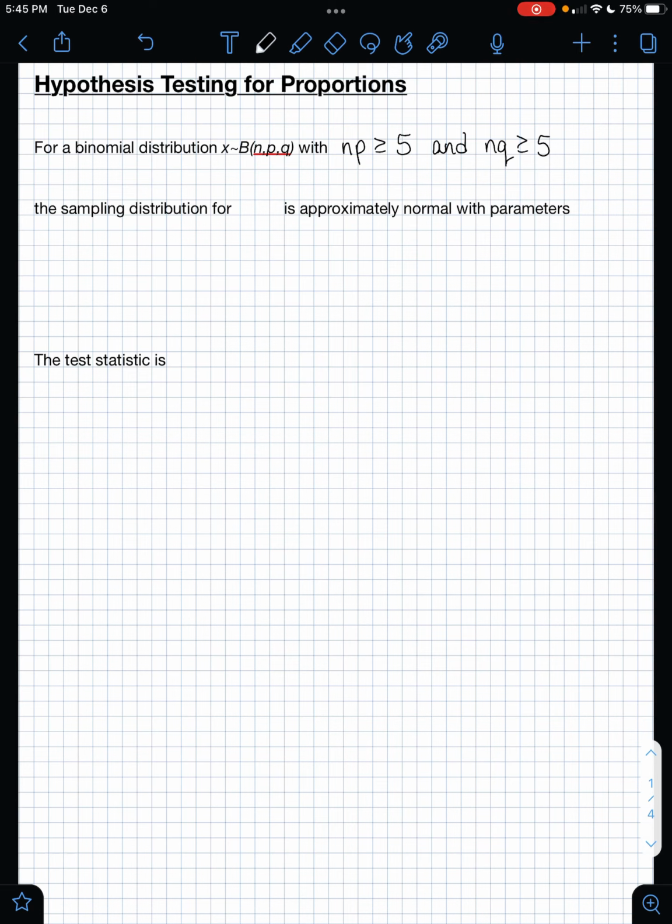The bigger or smaller p gets, the more skewed to one side this distribution would be. Now, it can still qualify as approximately normal if the sample size is large enough to overcome the skew.